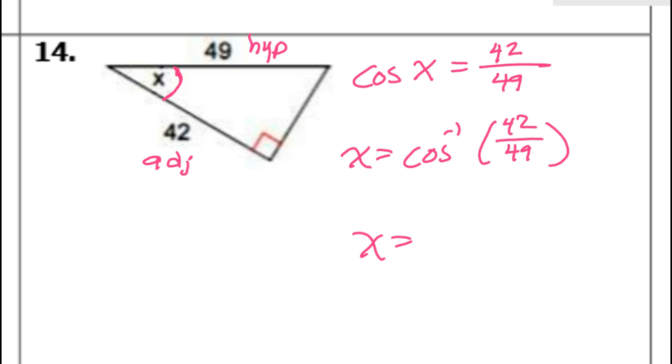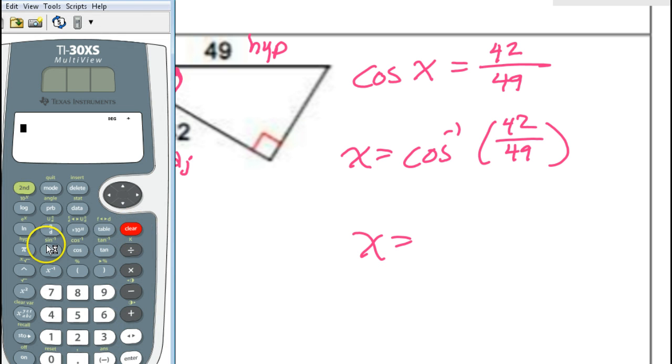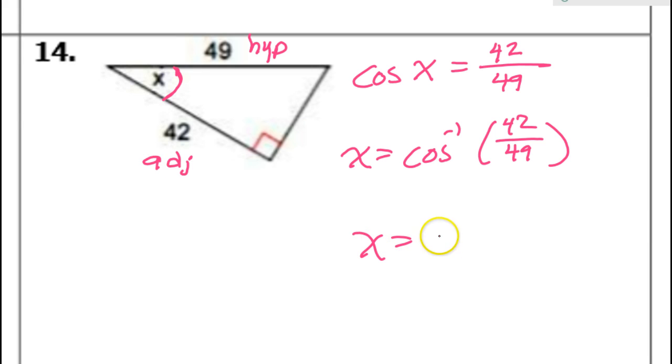And then that's just a calculator thing. 31.003. Got to round up. Degrees. This is an angle.